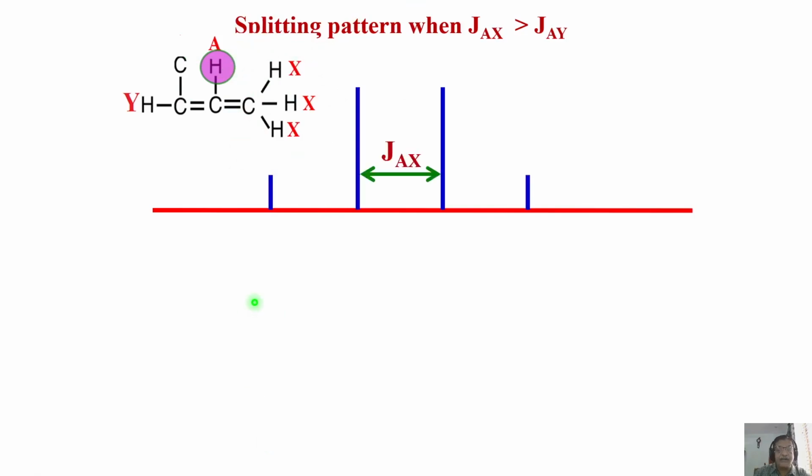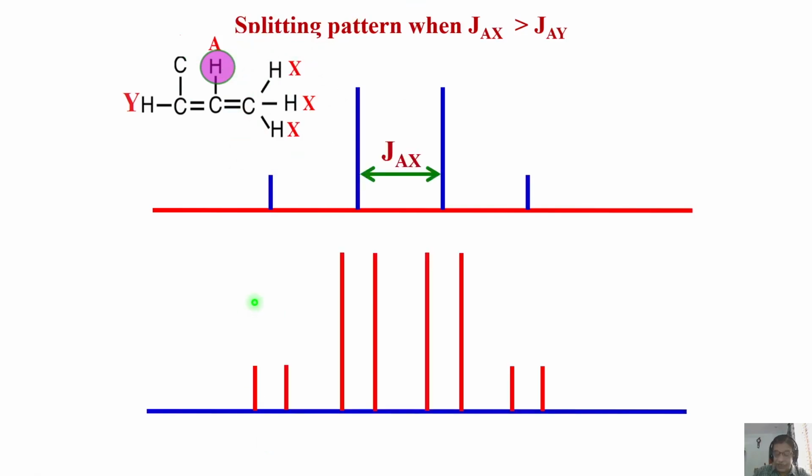Now, each line of this quartet is split into a doublet because of this proton. So you are going to get a pattern like this. This is JAX, this is JAY.